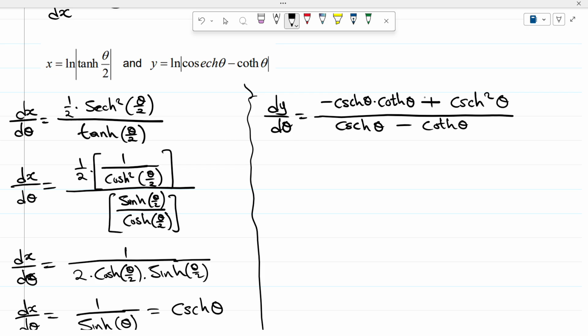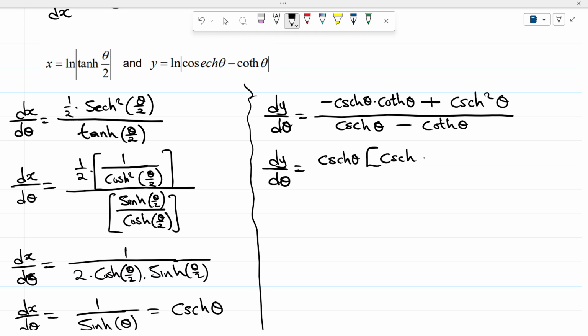So we can see that if we take out the common factor of hyperbolic cosec of theta, then I will end up getting that dy d theta is hyperbolic cosec of theta as the common factor taken there.